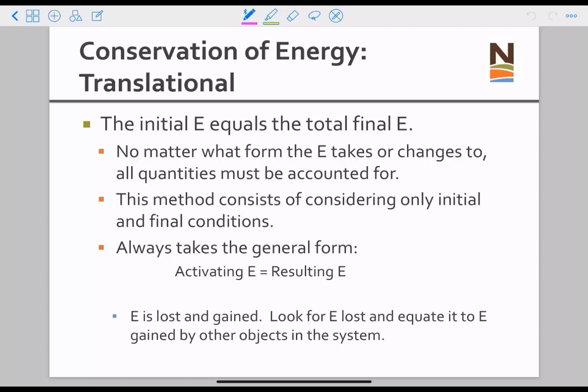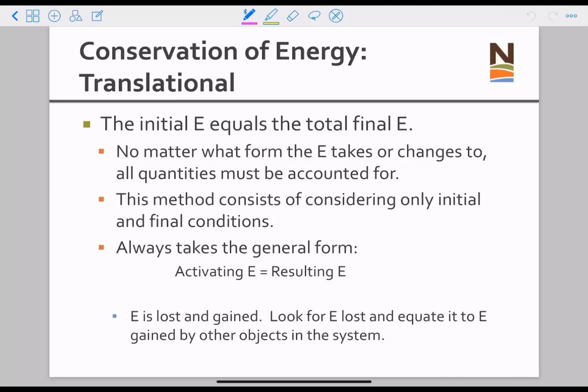After I go through the rest of these slides, I will do a separate video just starting with the basics. Let's look at using each of those individual equations. This conservation of energy, we're only going to be doing translational. So just as we did last chapter, I'm not going to get into rotational or planar motion. It is just rectilinear, so translational motion: up, down, left, right.